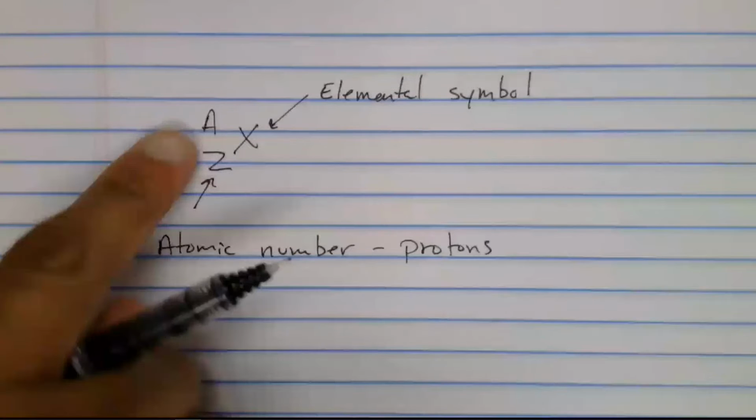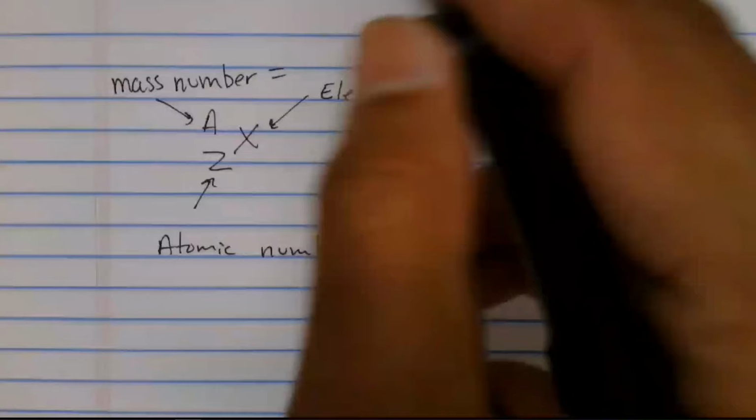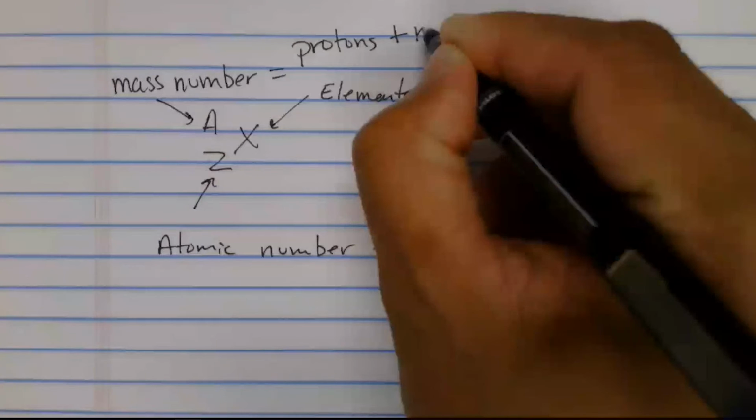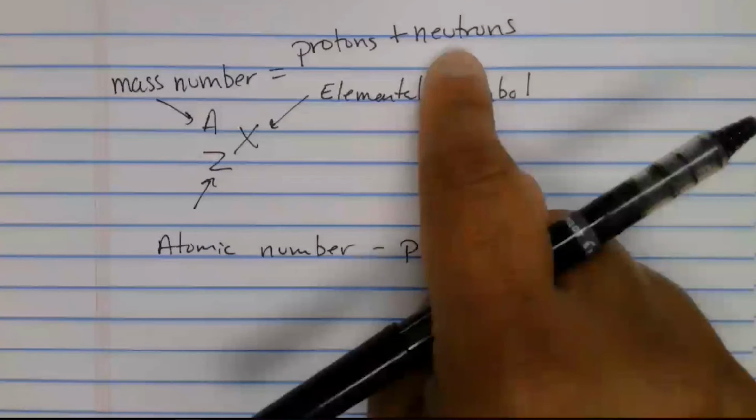And then this number is called the mass number. So the mass number is going to be the protons plus the neutrons. Very simple calculation. That's all it is. Protons plus neutrons.